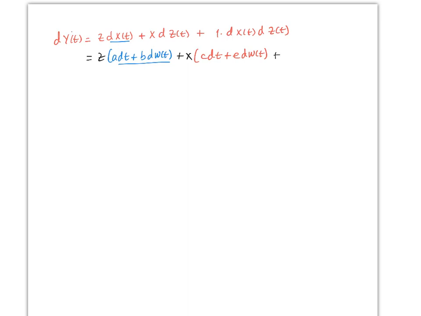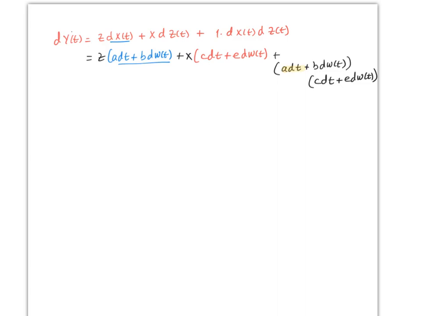And then for this one, well, you have to multiply them, so it will be times c dt plus e dW_t.